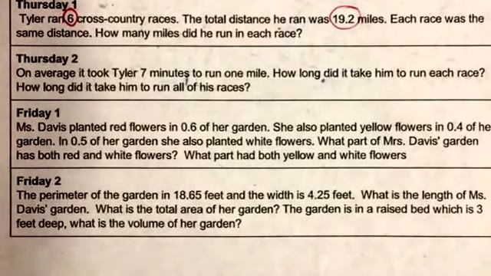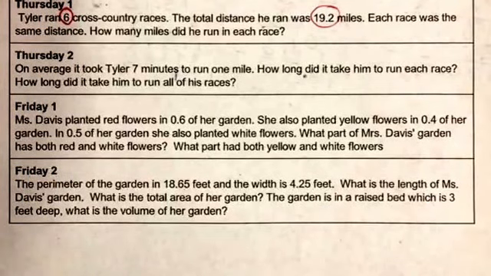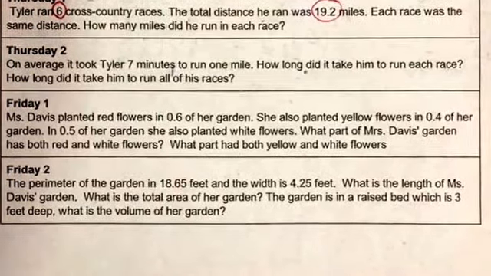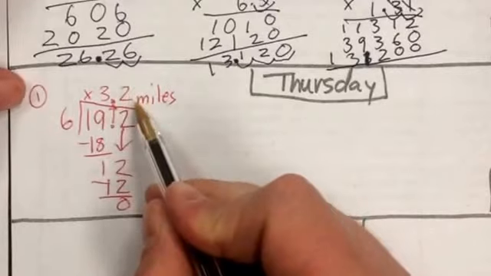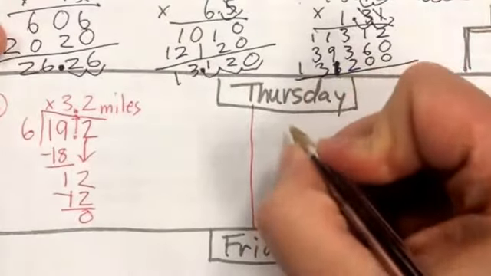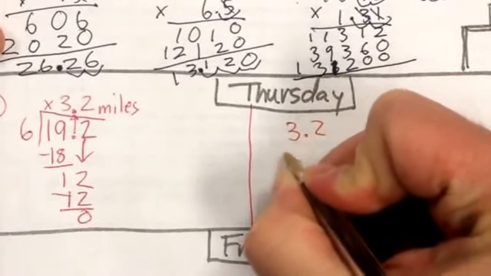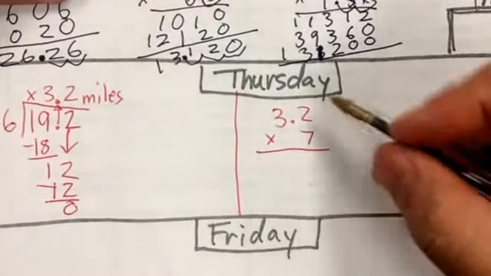Okay. All right, and then let's look at story problem number 2. On average, it took Tyler 7 minutes to run 1 mile. How long did it take him to run each race? How long did it take him to run all of his races? Okay, so if we know that one race was 3 2/10 miles, and it takes him 7 minutes to run 1 mile, I'm going to take 3 2/10 times 7 to figure out how long it took him to run the whole race. 7 times 2 is 14.